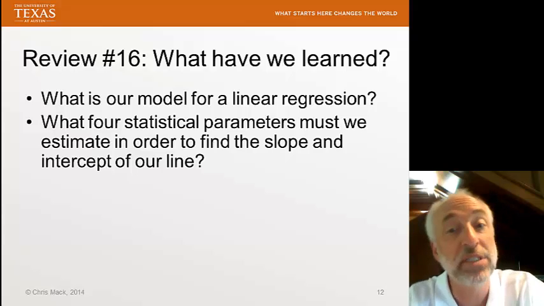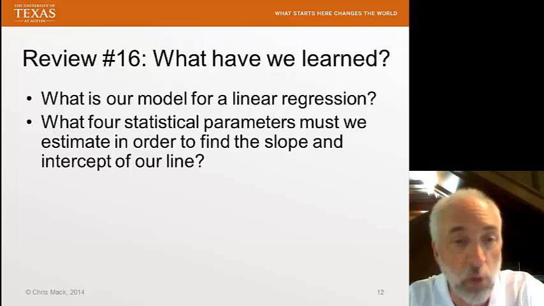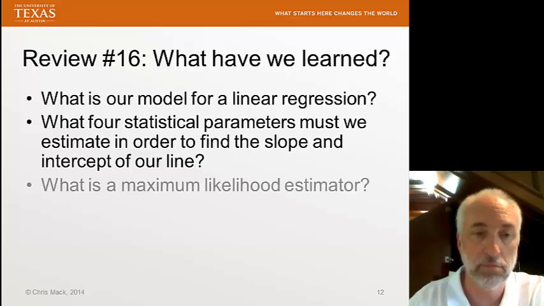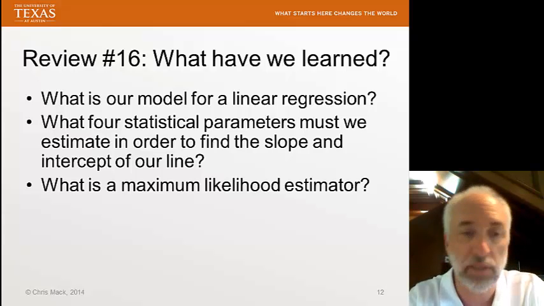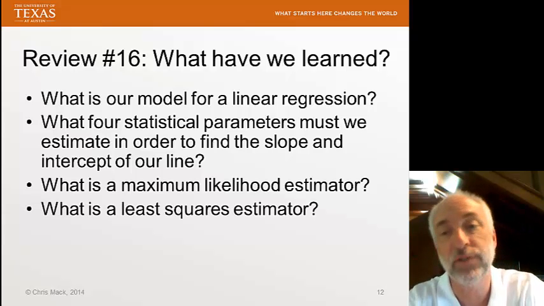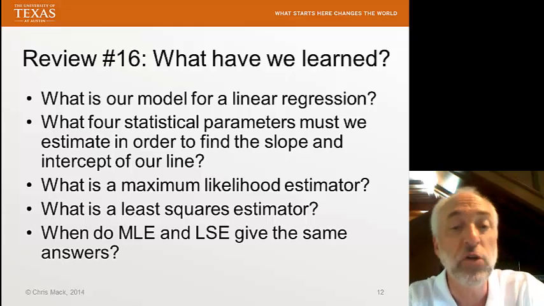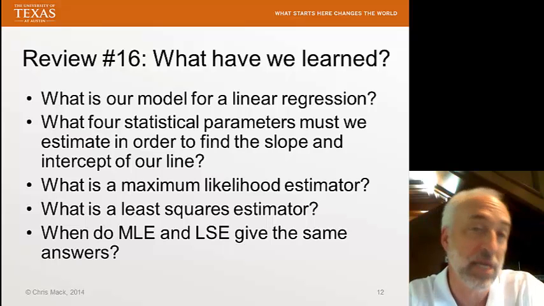What four statistical parameters must we estimate in order to find the slope and the intercept of our line? What is a maximum likelihood estimator? What is a least squares estimator? And finally, when do MLE and LSE give us the same answers?